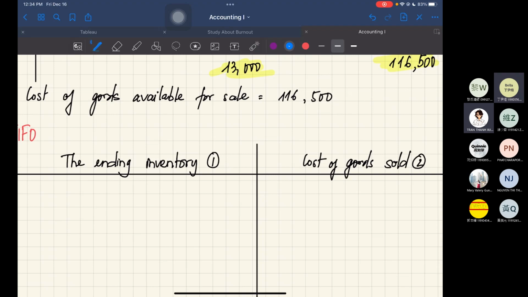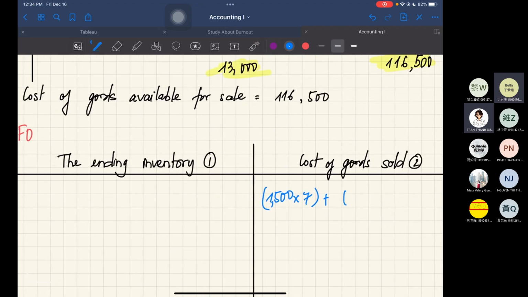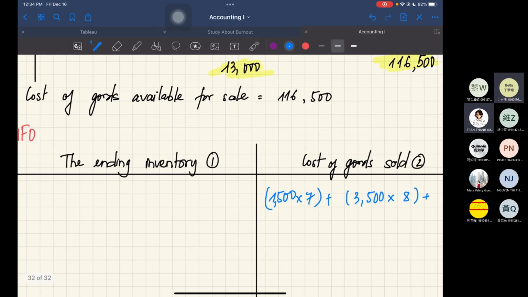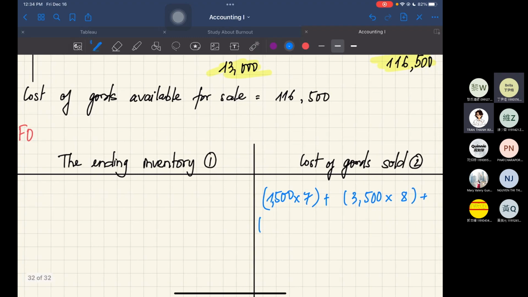So here, we will write 444. So I only need 1,000 items.